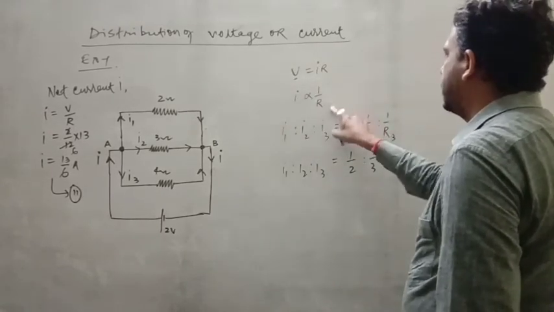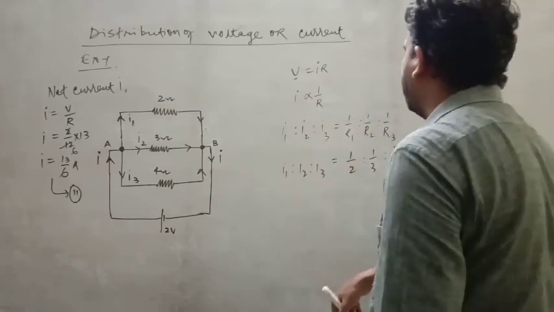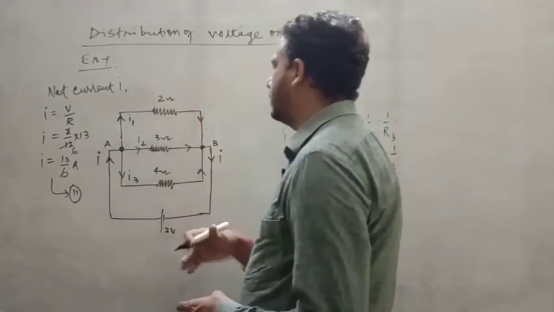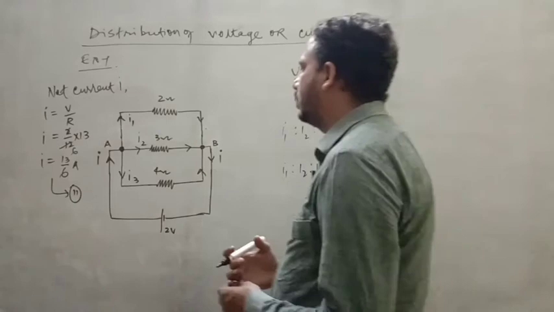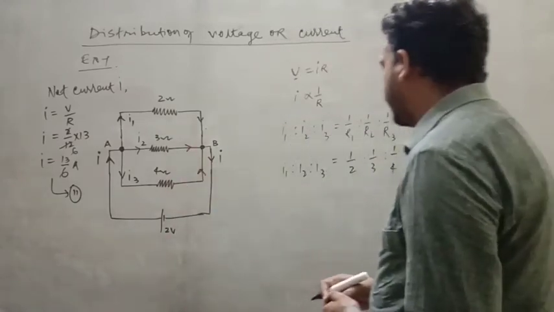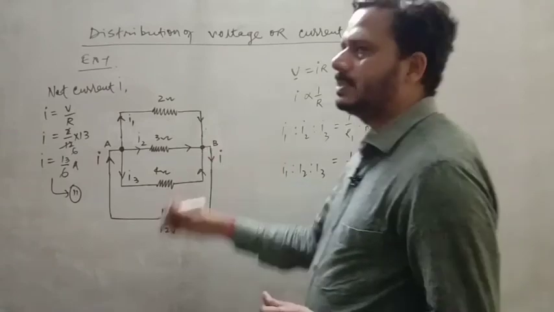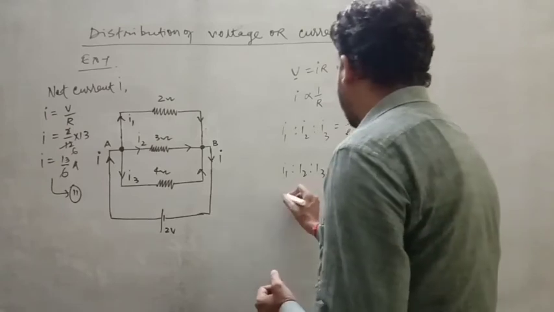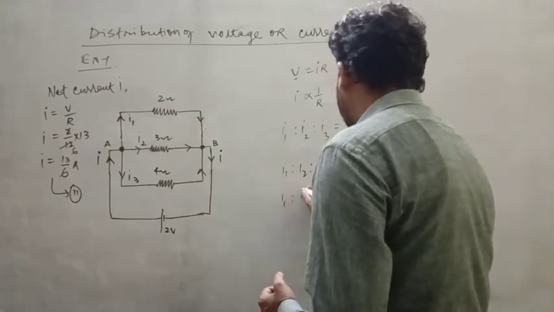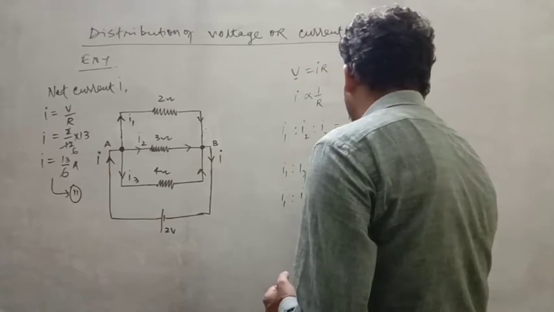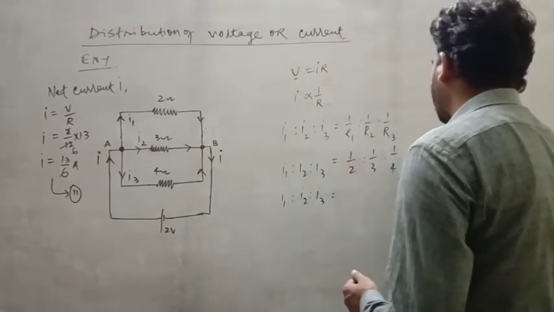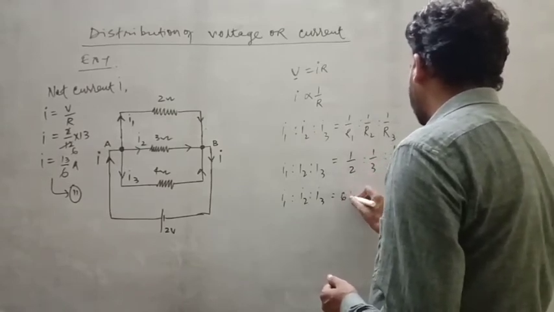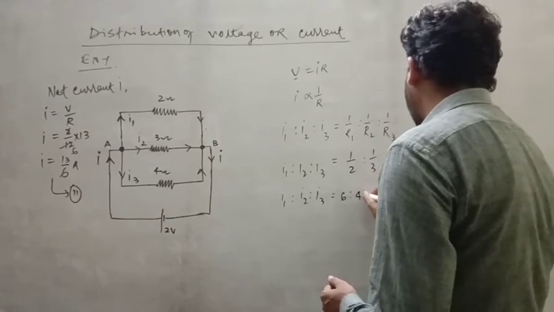If you want to find I1, you leave that resistor, 2 ohm, and use the rest. But there is a chance of calculation mistake, so we modify this from inversely to directly proportional. You divide by 12: 12 by 2 is 6, 12 by 3 is 4, and 12 by 4 is 3.